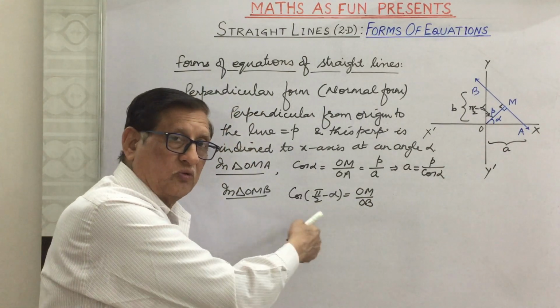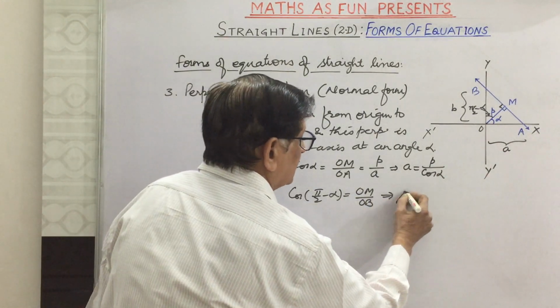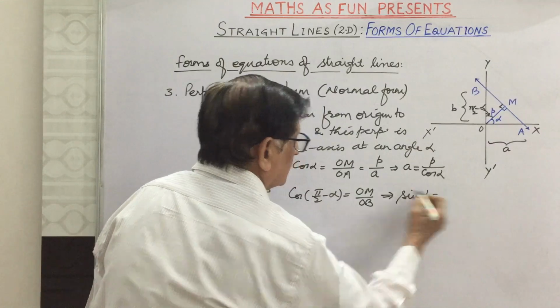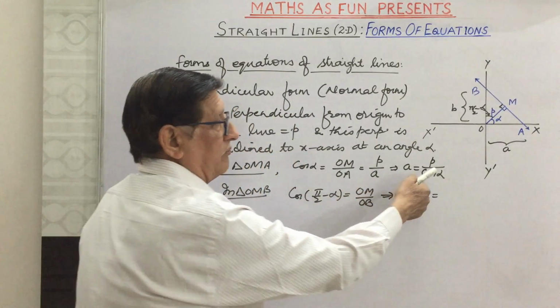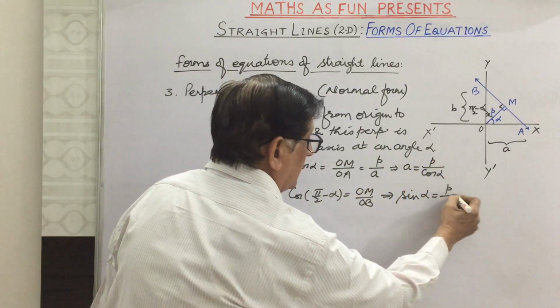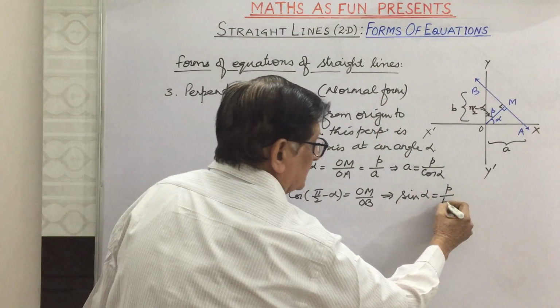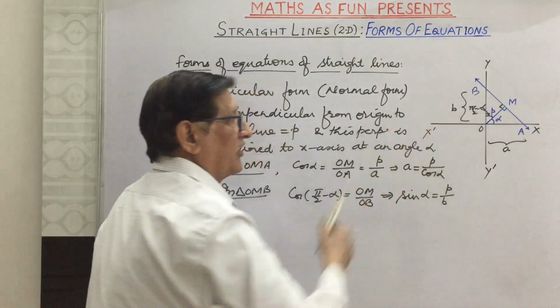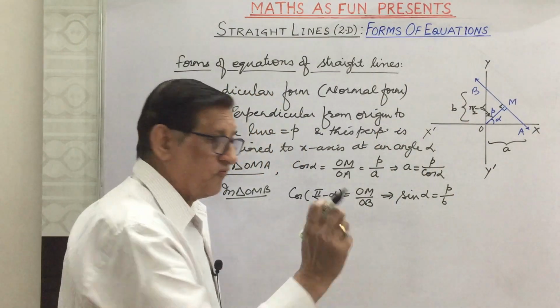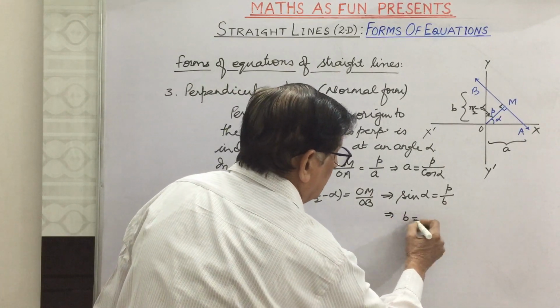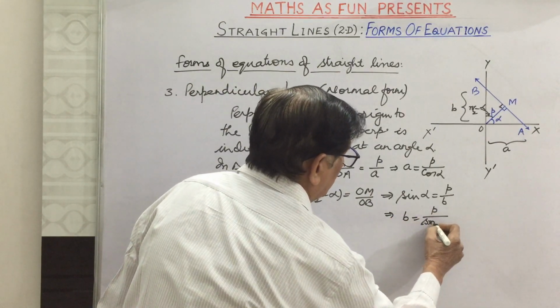We know cos pi by 2 minus alpha is sin alpha. OM, that is P. OB, that is the length of intercept on y-axis, we have taken as B. From this we are getting B is equal to P upon sin alpha.